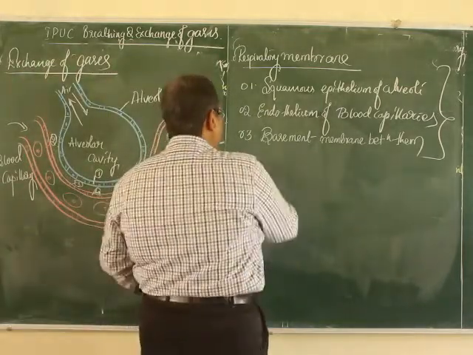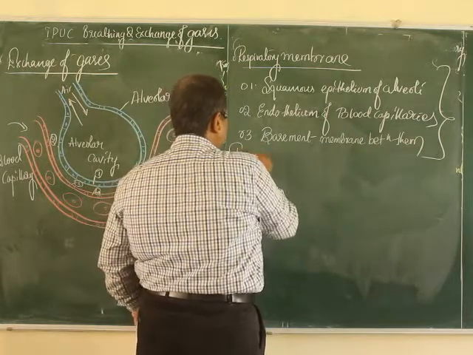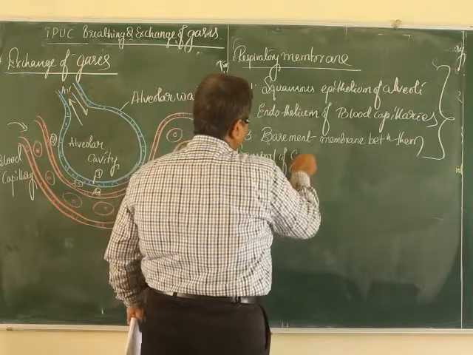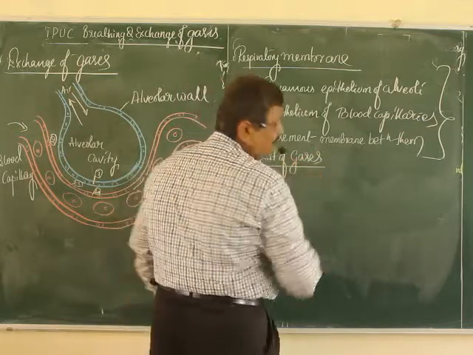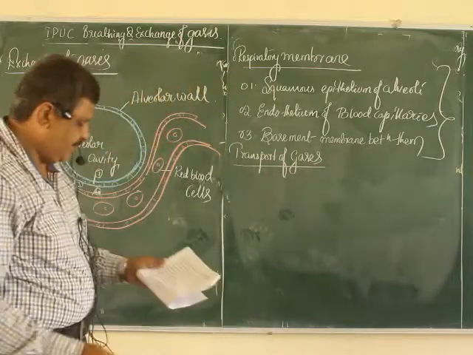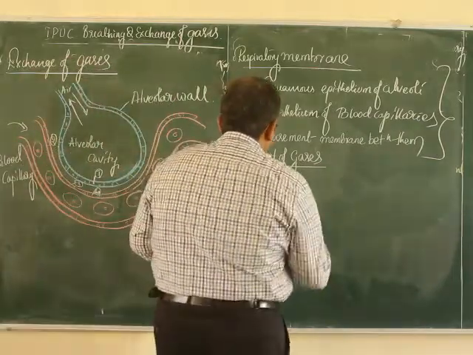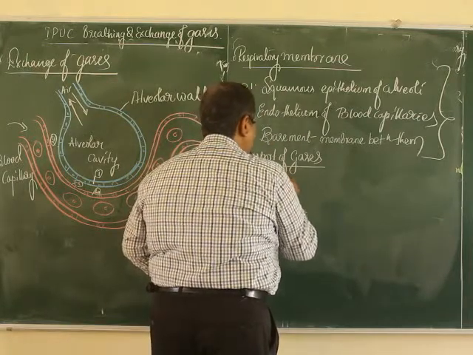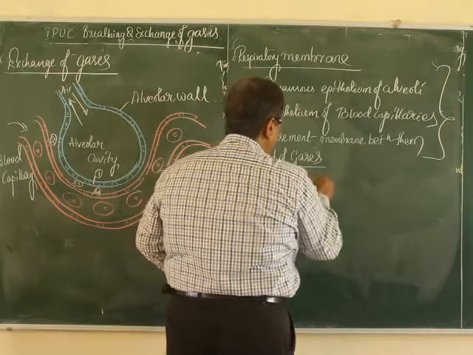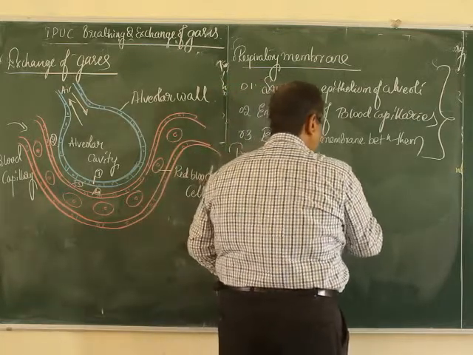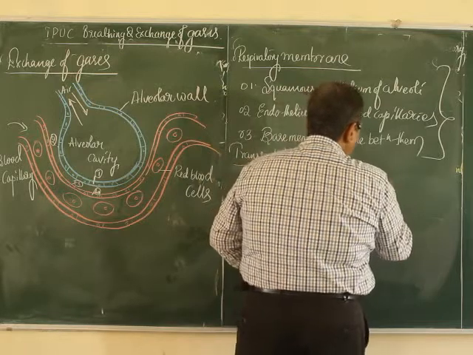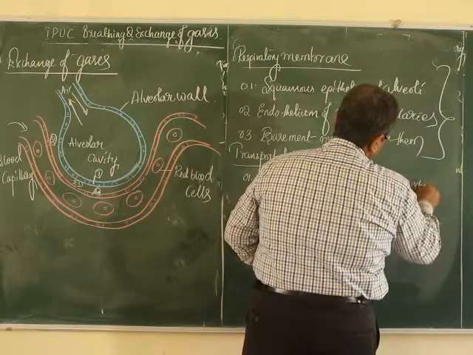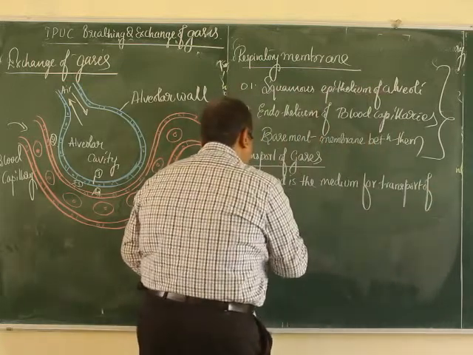Now, next concept is transport of gases. How exactly does it take place? First point, blood is the medium for transport of oxygen and carbon dioxide.